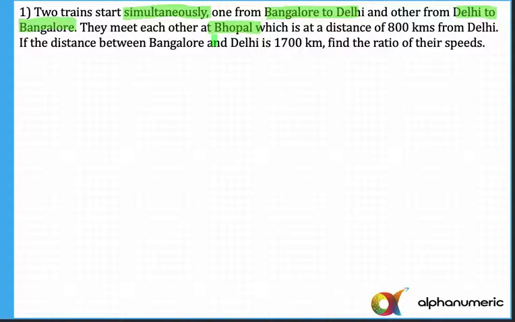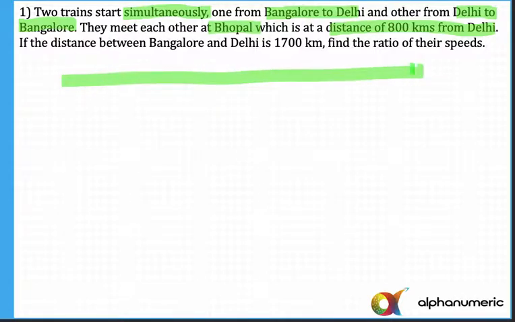Okay. So Bhopal is at a distance of 800 kilometers from Delhi. Always make a habit of drawing a diagram. So let's say this is the total distance which I need to travel. Let's say this is Bangalore and this is Delhi. And in between Bangalore and Delhi, there is Bhopal. I can mark this as Bhopal.